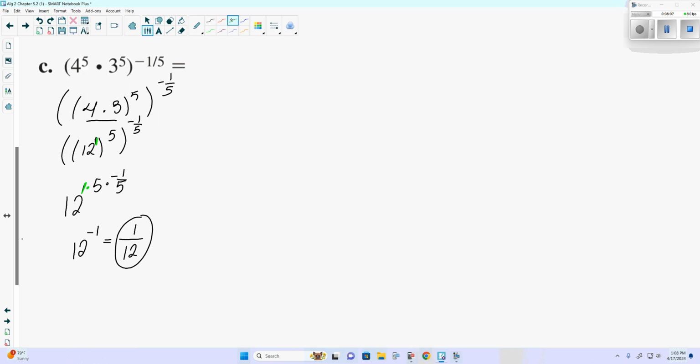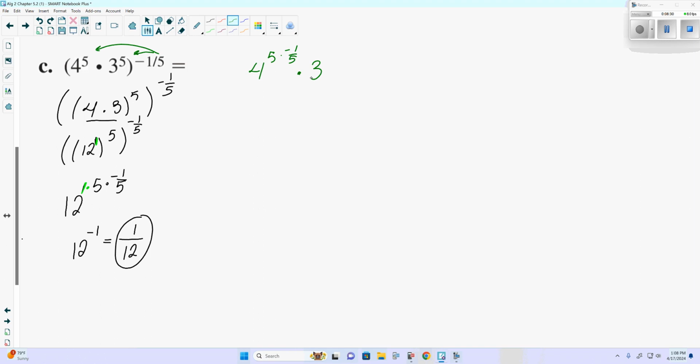Now, again, there is another way we can do it. We can do exactly what we did on the previous, on B, when the answer is 6 times 4. Now, on B, we just applied that exponent to both. Powers of powers multiply, yes? So that would give us 4 to the 5 times negative 1/5.